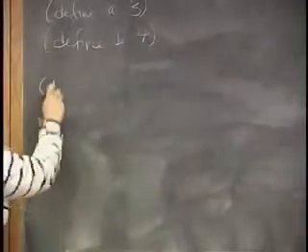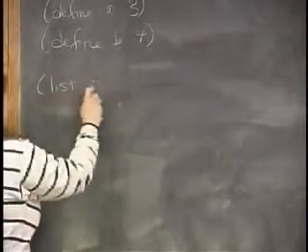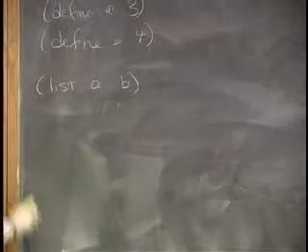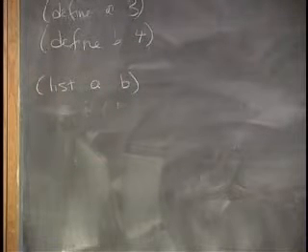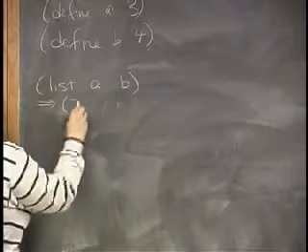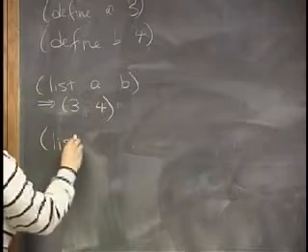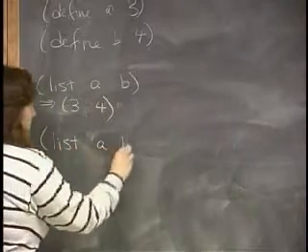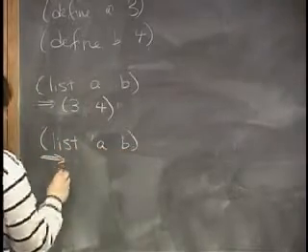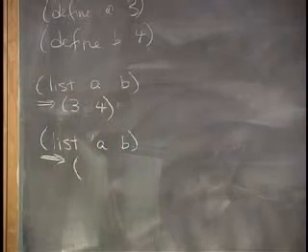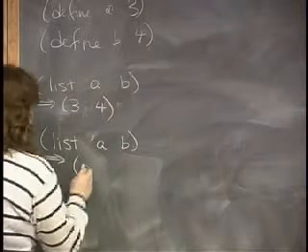Now, if I said list A B, what would be the list that would be returned from that? The list 3, 4. Okay. Now, what if I said list quote A, B? What's that going to be? A, 4.